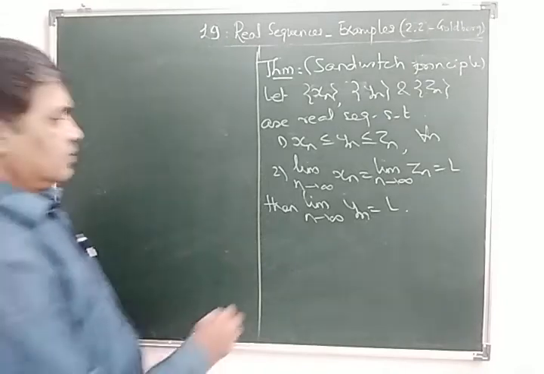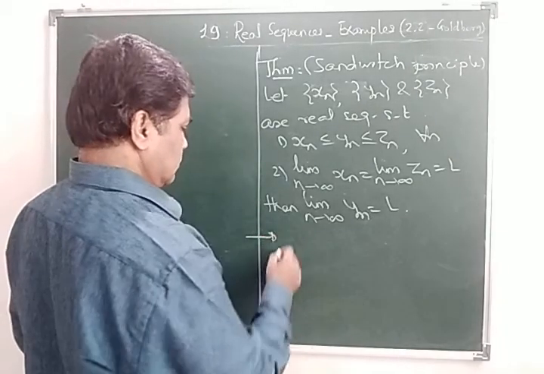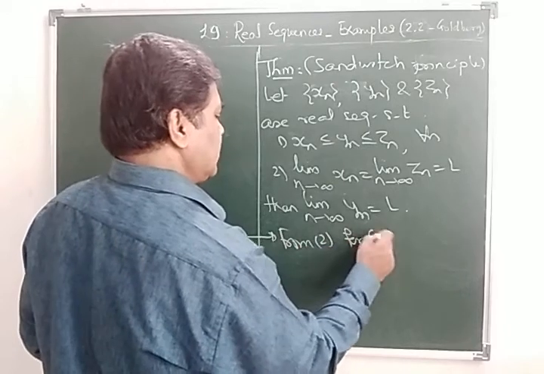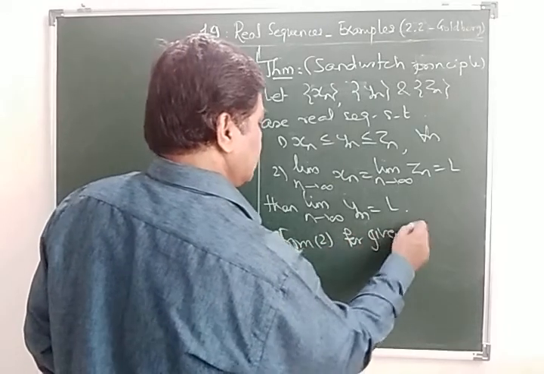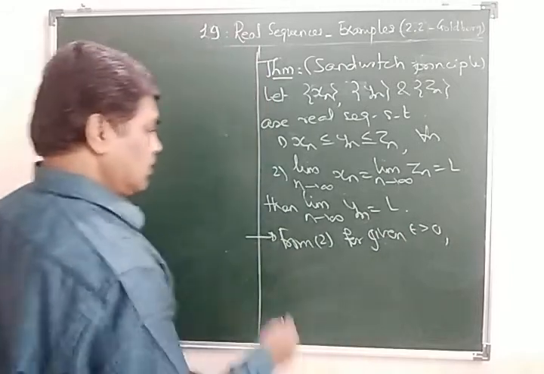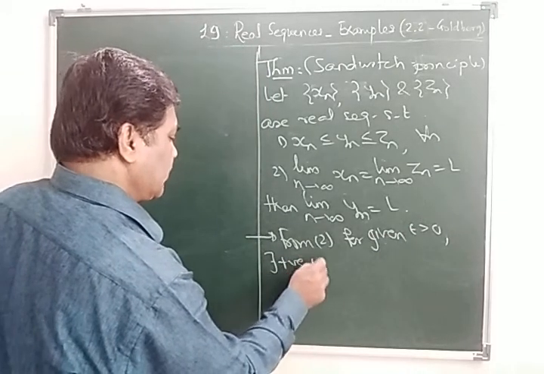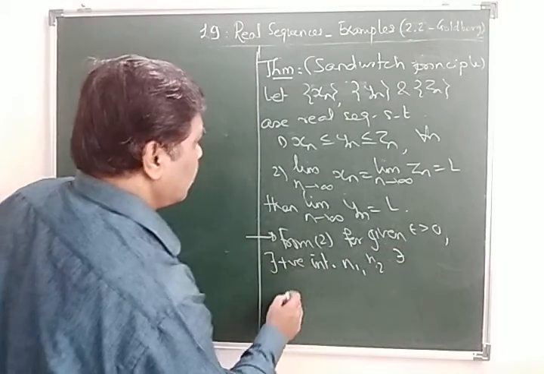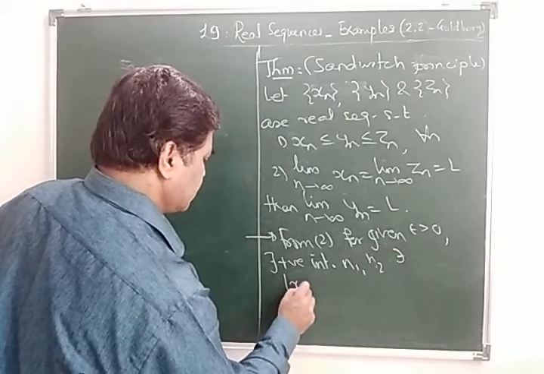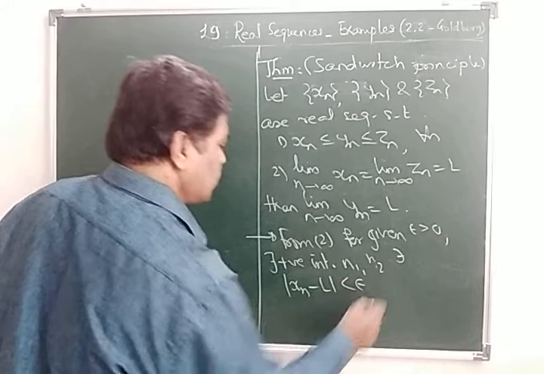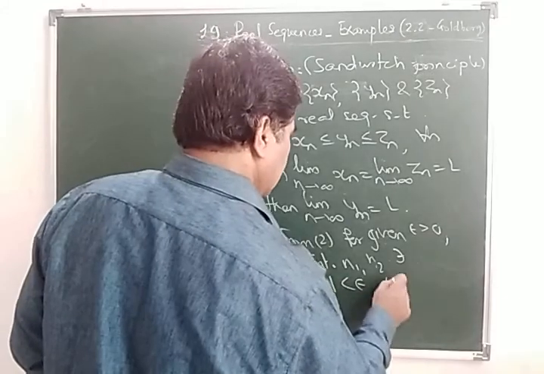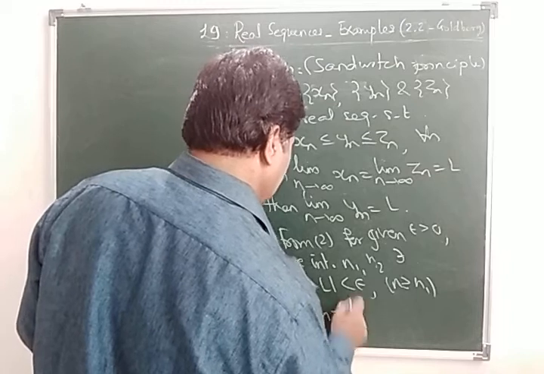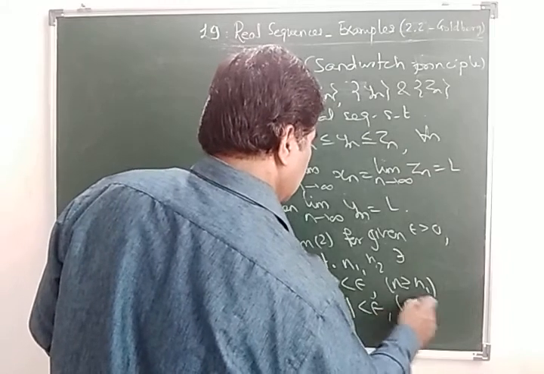So from 2, for given epsilon greater than 0, there exist positive integers, say n1, n2, such that mod of Xn minus L is less than epsilon for every n greater than or equal to n1, and mod of Zn minus L is less than epsilon for n greater than or equal to n2.